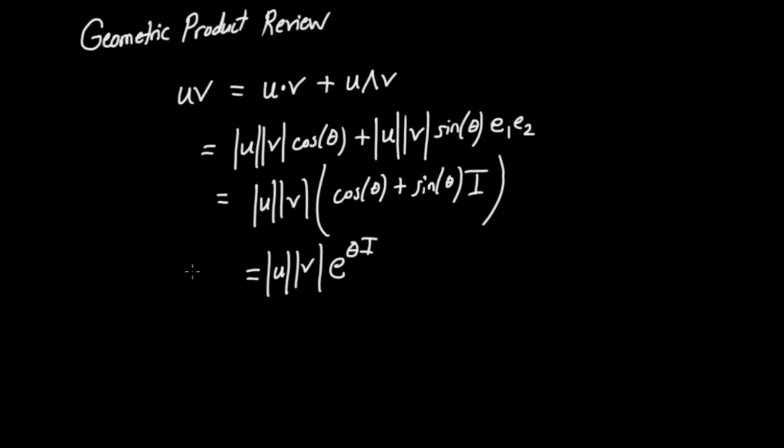So what I see here is that the geometric product of two vectors, uv, is equal to some scalar sitting out front, which happens to be the length of u times the length of v, times the exponential of a bivector. Which bivector is that? It's theta times I, or e1 e2. So this is actually a neat way to think of the geometric product of two vectors, and we're going to use this fact as well when talking about reflections.